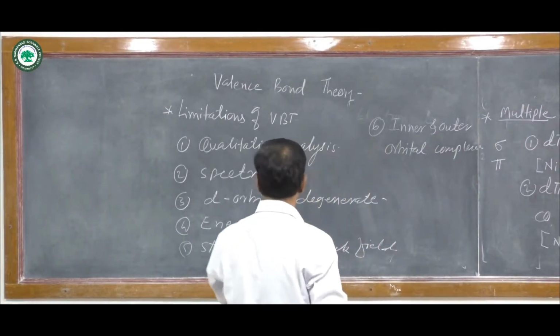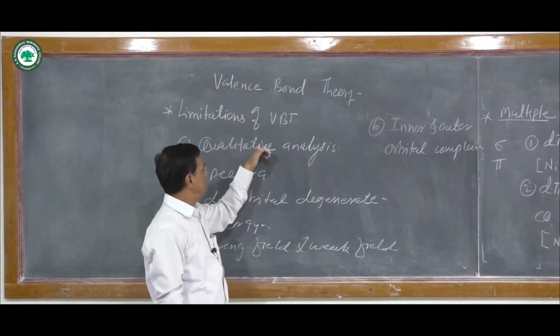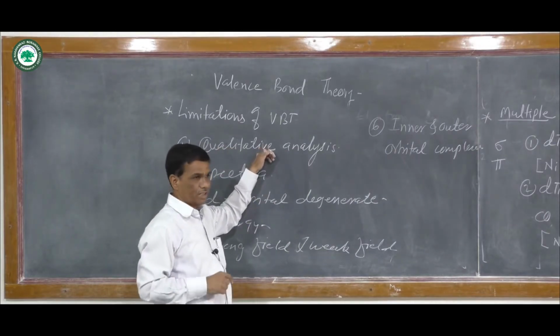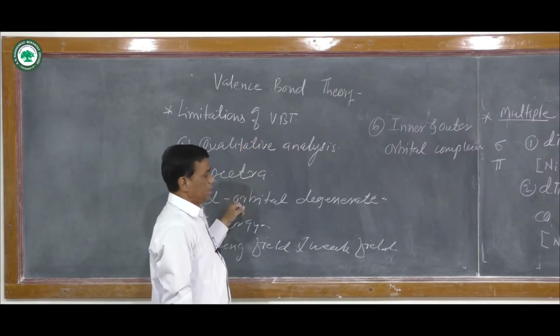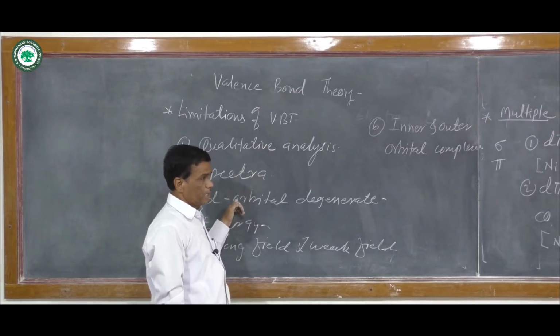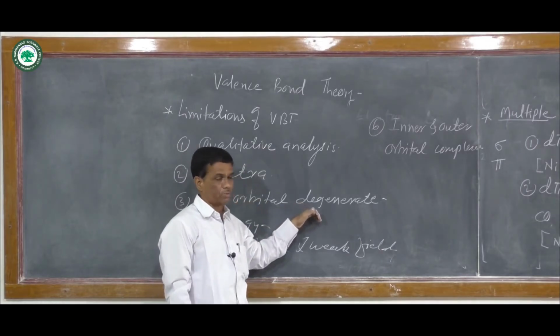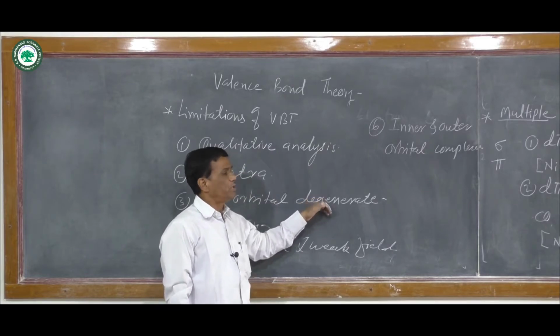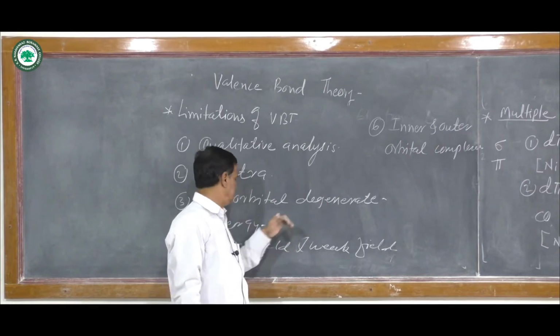Listen again. First limitation: this theory explains the structure only on the basis of qualitative analysis and not quantitative analysis. Spectra are not interpreted by VBT. Then according to VBT, 5 d orbitals are degenerate, but actually when there is formation of coordination compound, the 5 d orbitals split into two sets, one is t2g and second is eg.